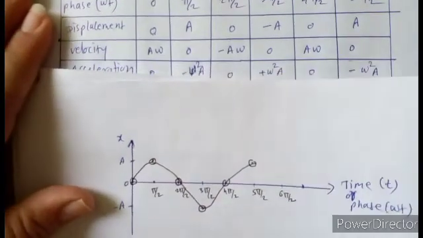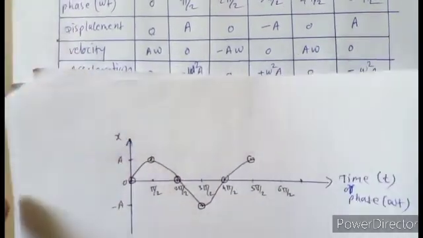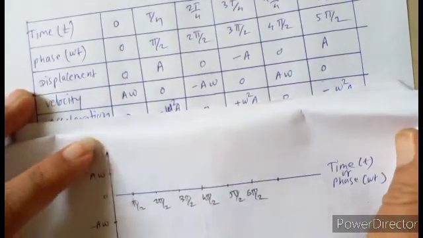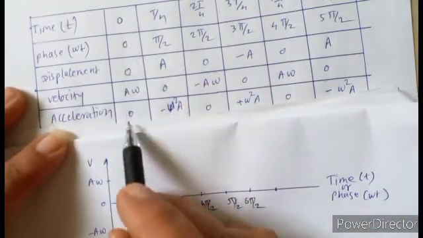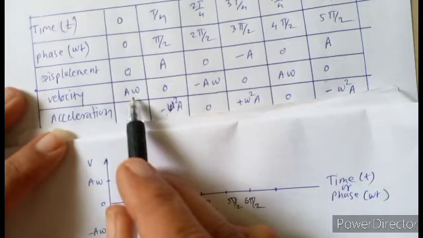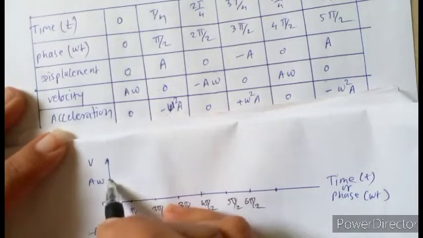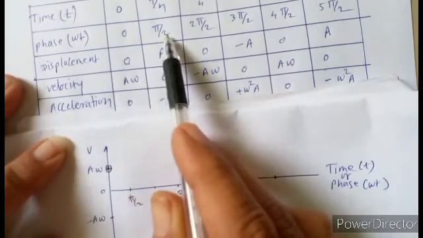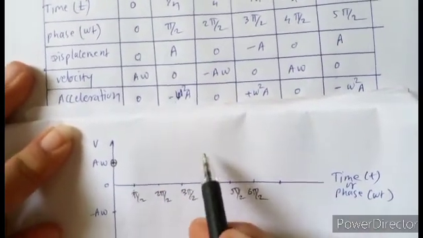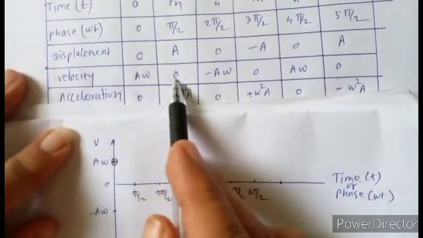Second, we plot the velocity graph. For the velocity graph also, when phase is 0, velocity is positive A omega. So here is the first point. Now the second point, when phase is pi by 2, velocity is 0.